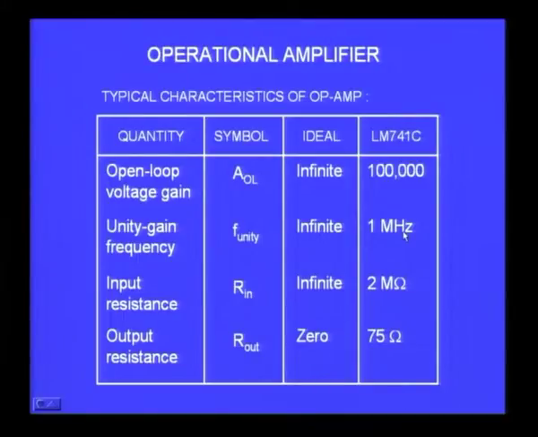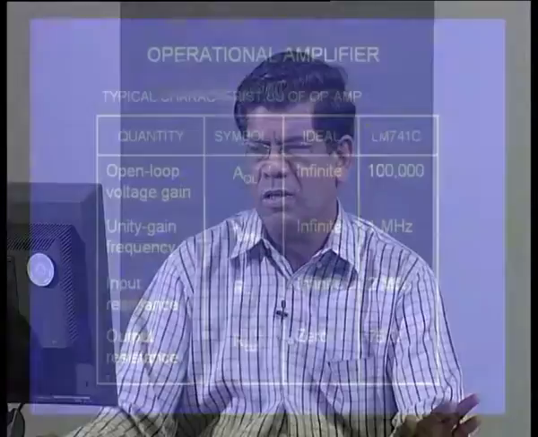So as long as you have the gain of 1, you are up to 1 megahertz, the gain will be almost the same. It will not fall from 1, it will perhaps come to about 0.7 times or 70% of 1, but the bandwidth is 1 megahertz, which is a very large number, 10 to the power 6.